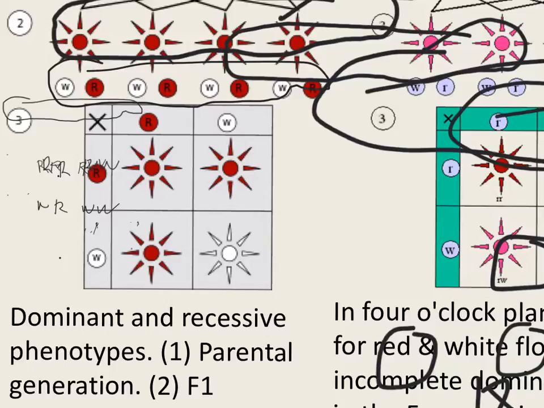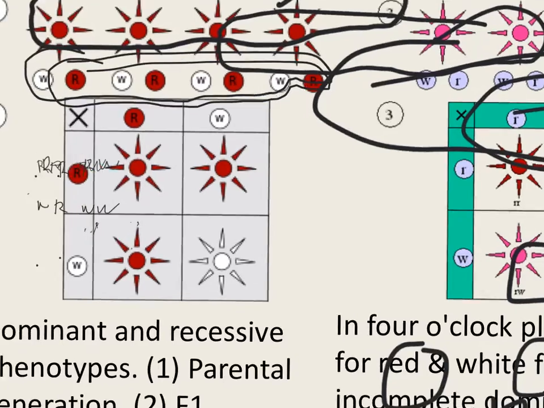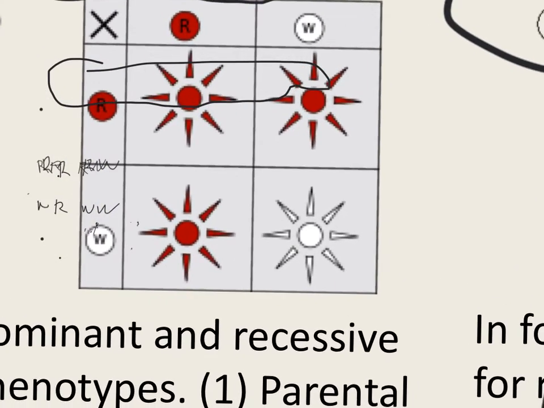So it'll be RR. Now, if this one is red, and then over here is white, it will still be red, but it will be RW. Here we have a white.